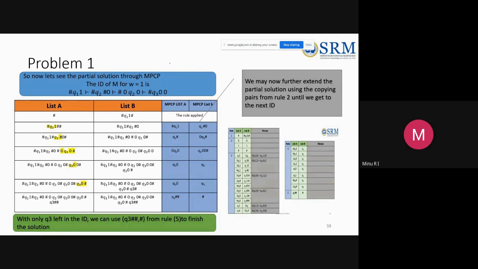So if I'm simply writing an ID by seeing that transition table, like Q1 with the input of 1. If I'm simply writing that ID with an input of 1, what happens? In Q1 state, if it is a 1, it will be going to Q2 0.